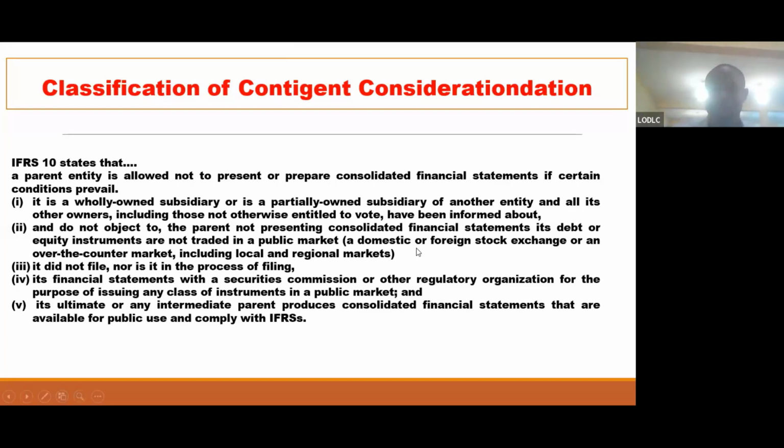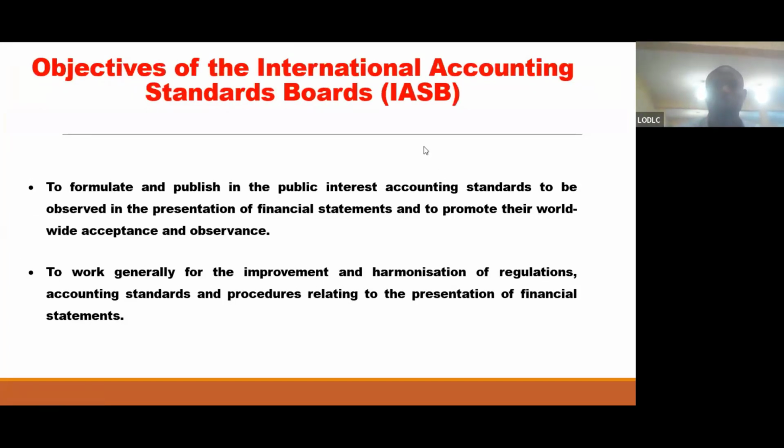So what are the objectives of the International Accounting Standards Board? I've explained this in our financial reporting class. When we are talking about group accounts, we try as much as possible to explore all the IFRS before we reach a particular conclusion.